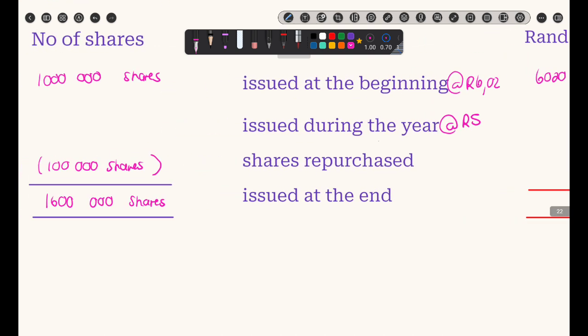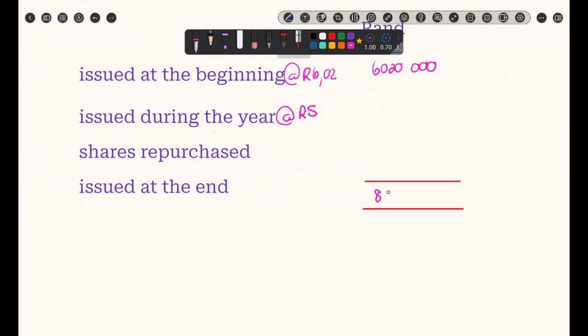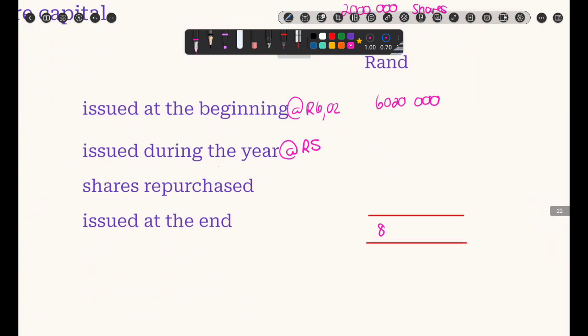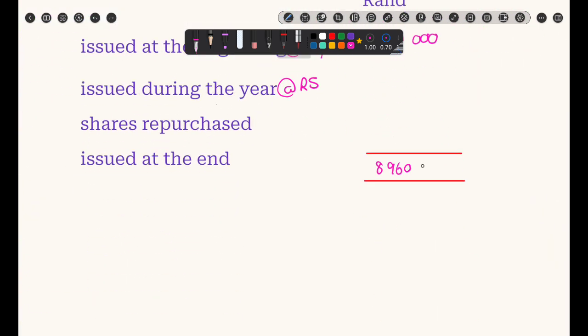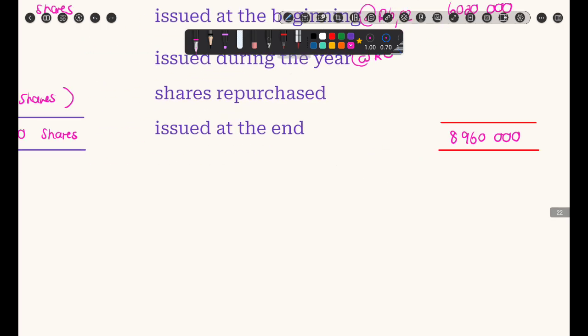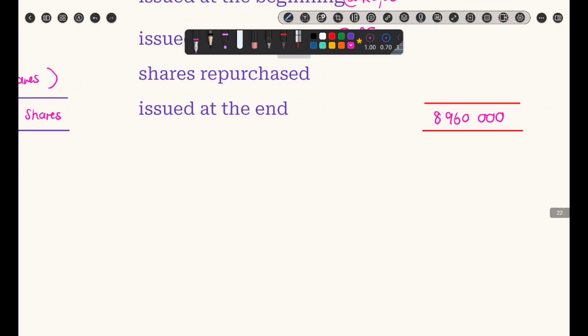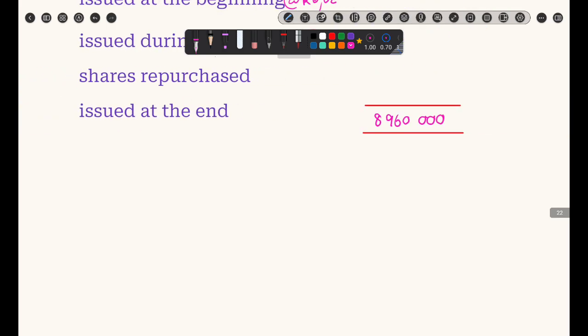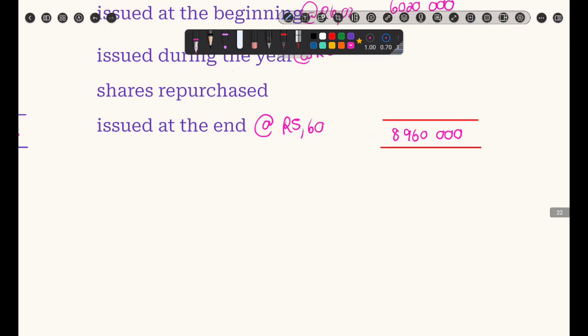Remember, where did we find that? We found that here, 8,960,000. So this is fine. At the end, I can also get my price per share. I take the 8,960,000 divided by the 1,600,000 to give me 5 Rand 60 per share at the end of the year, right?